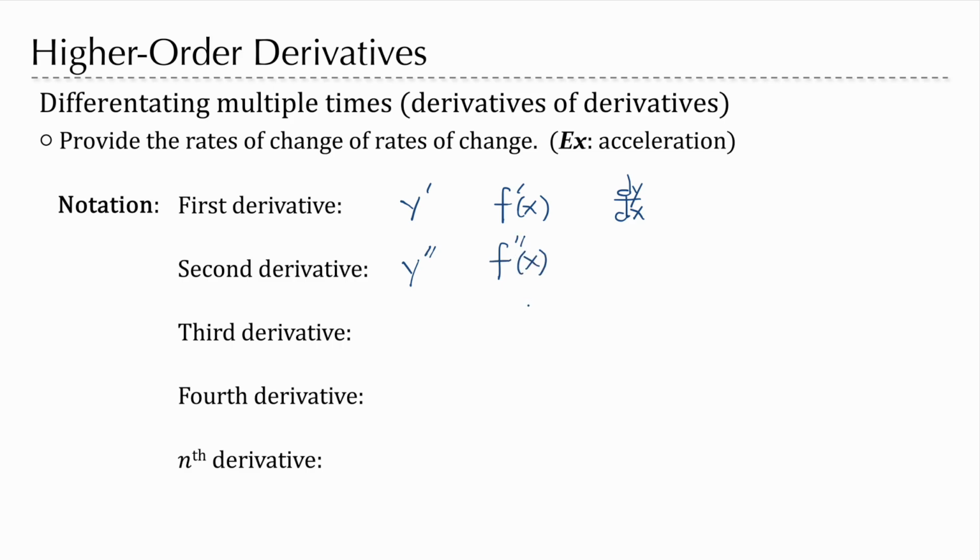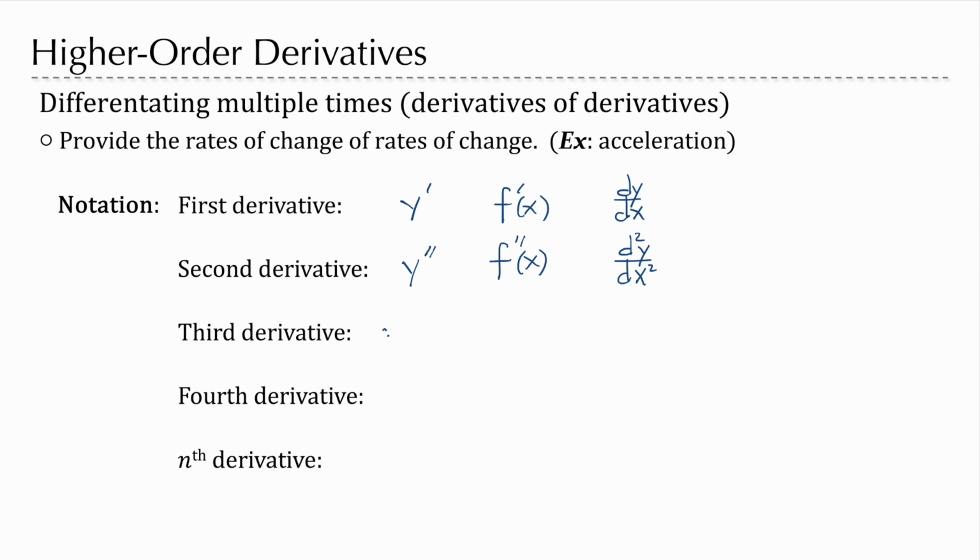So we have to differentiate once, and then wherever that derivative is, find the derivative of it. Now, in the Leibniz notation, it looks a little bit different. What happens is we have a little 2 that goes up in the superscript for the d and then for the x. That's something we'll talk a little bit more about later when we get deeper into Leibniz notation. But for right now, that's the way the notation looks to tell you to find the second derivative.